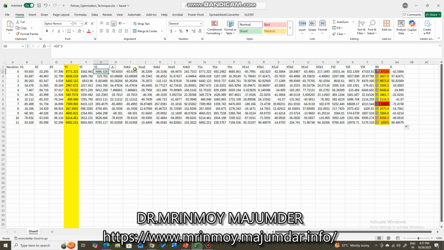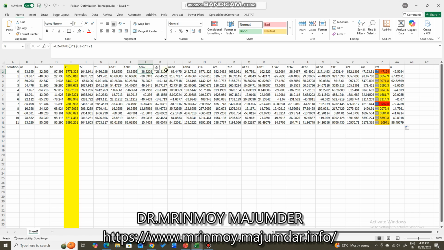That is why I have used both equations to calculate the value of x. So XEA1 means small e indicates the exploration phase, A is equation 1, and 1 indicates the first agent. Then you see the next one, XEB1: small e is the exploration phase, B is the second equation and 1 indicates the first agent.